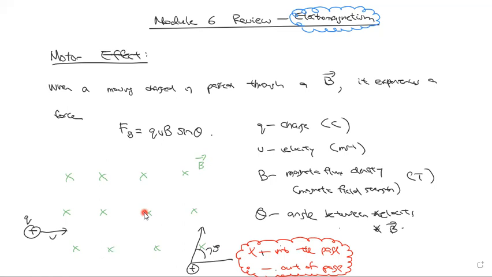That's something that many students get tripped up with. They determine the angle incorrectly, especially when we've got a particle going in a diagonal direction. Okay, so reiterating, your force is going to be QVB sine theta, that's the magnitude.